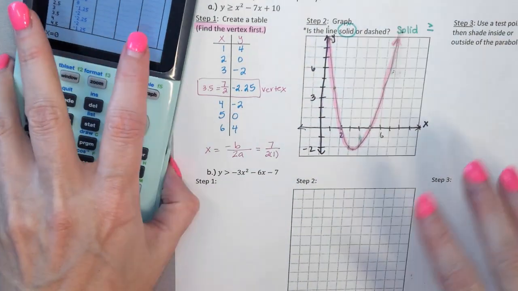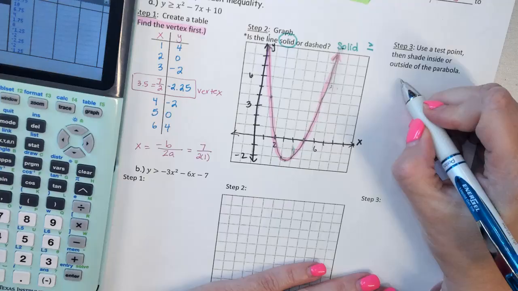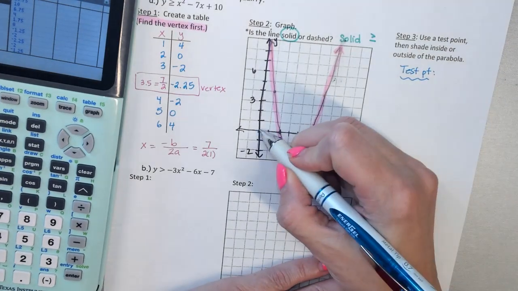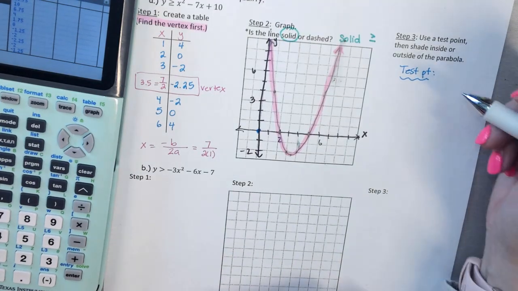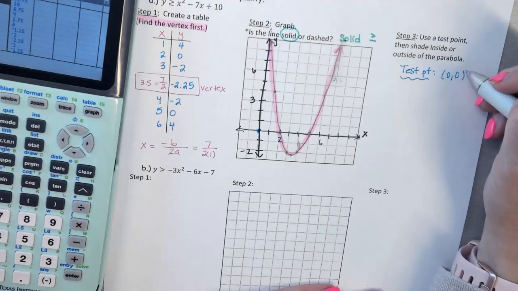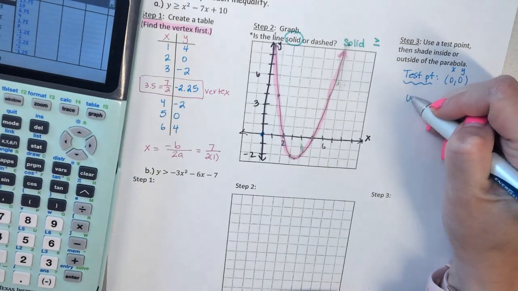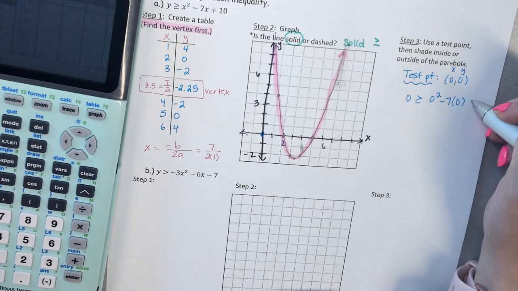Okay, and then from there, we are going to use our test point. So the test point, you can use 0, 0 as long as that's not a point on your parabola. So here's 0, 0. It's not on my parabola. When you are doing your test point, we are going to plug 0, 0 in for x and y. We're going to plug it into the original. So you have 0 squared minus 7 times 0 plus 10.